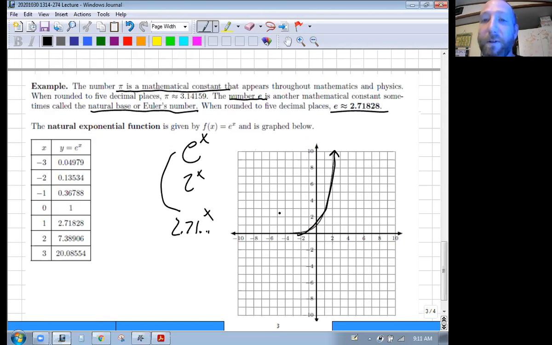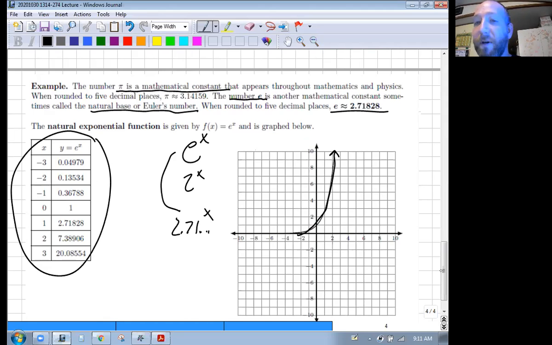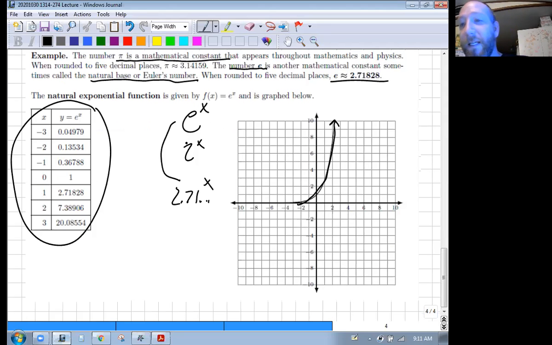All the basic exponential functions look a lot alike, but this is our most important one, okay? They give us the chart over here. And there is a button on your calculator that has the e on it for doing e to the x, or e to any power you want.